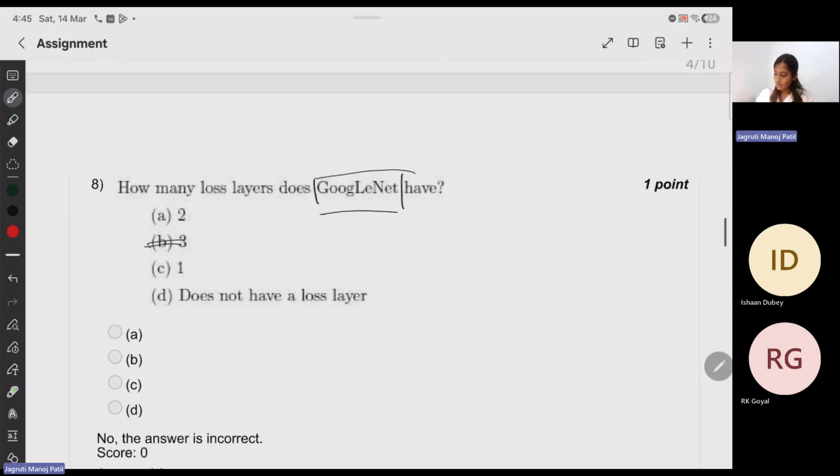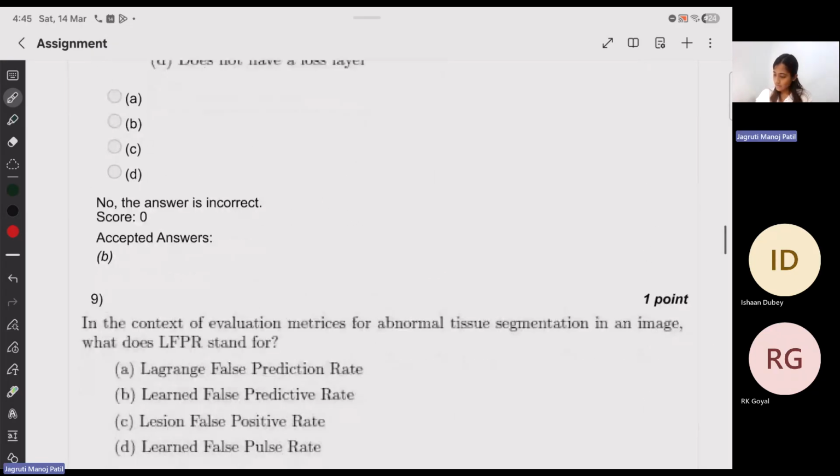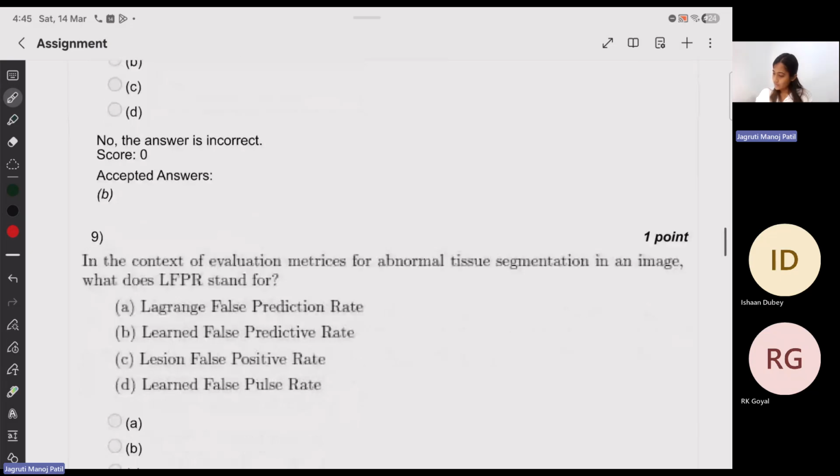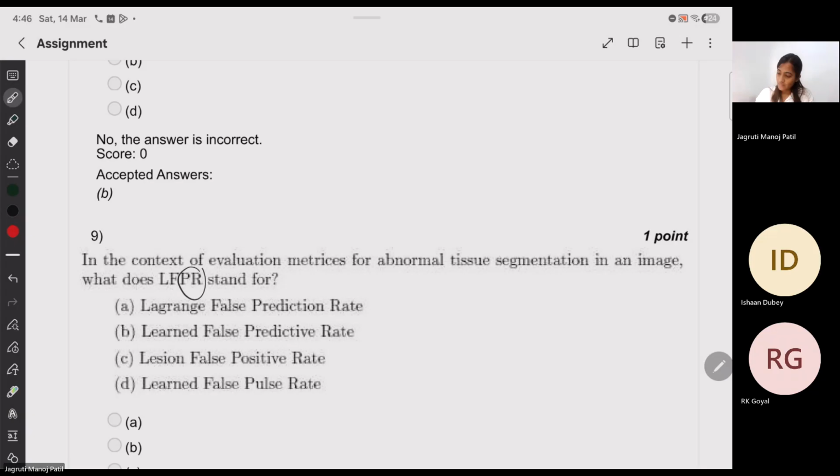Okay. What is this? Something about evaluation metrics for abnormal tissue segmentation in an image. So what does LFPR stand for? You can easily rule out this one. What is PR? It is for abnormal tissue segmentation.